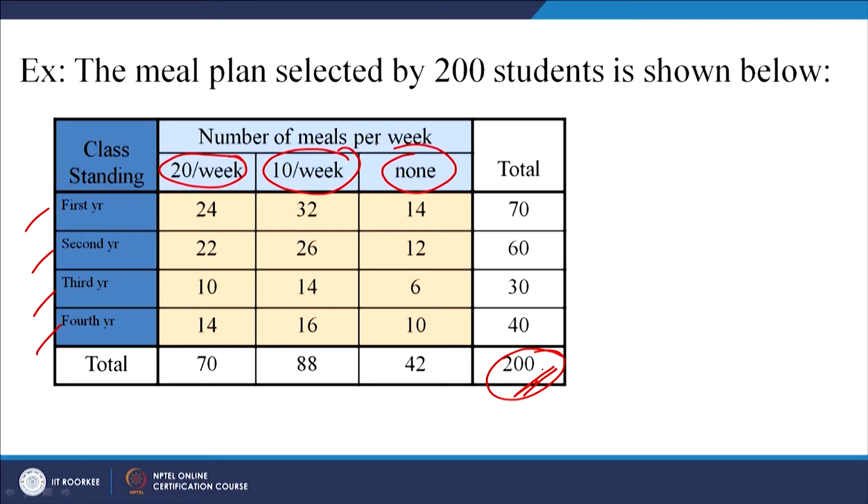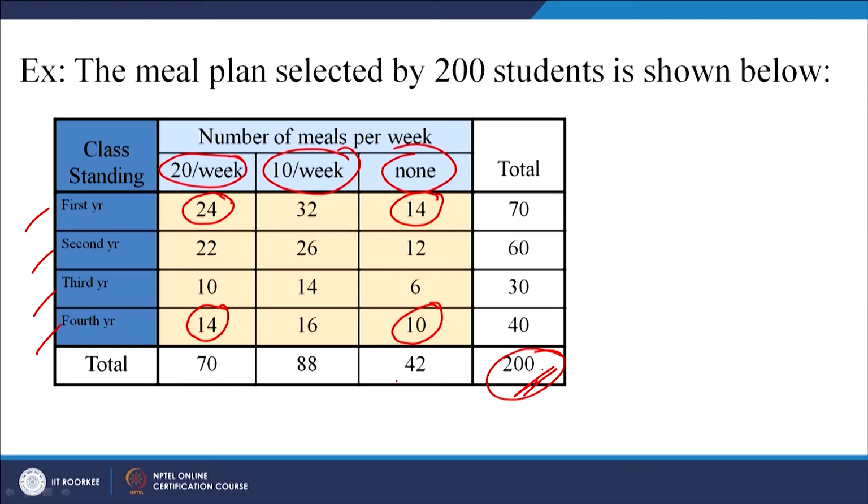So, we will say that there are 24 first year students who have taken 20 meals per week, 14 did not take even a single meal per week in a mess, let us say, for simplicity. Similarly, 14 students of fourth year have taken 20 meals per week and 10 of them did not take even a single meal per week.